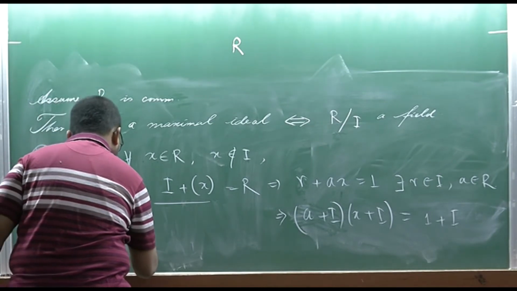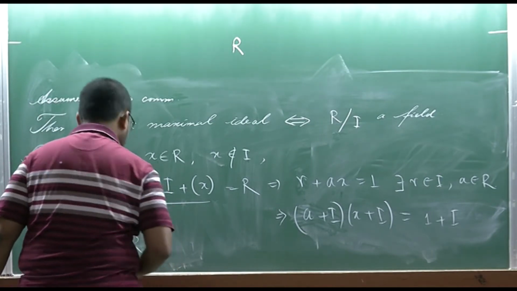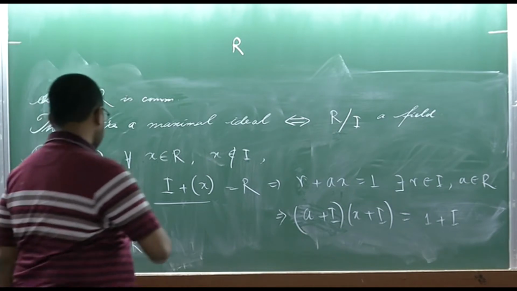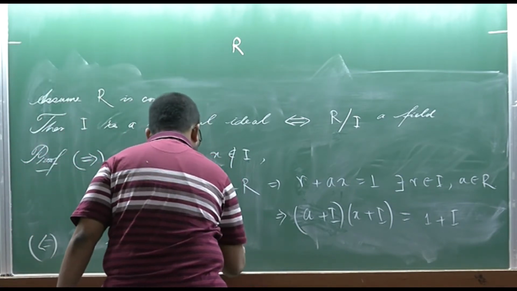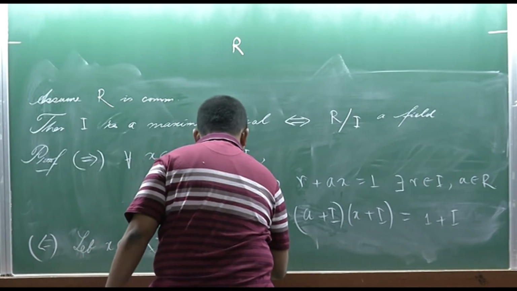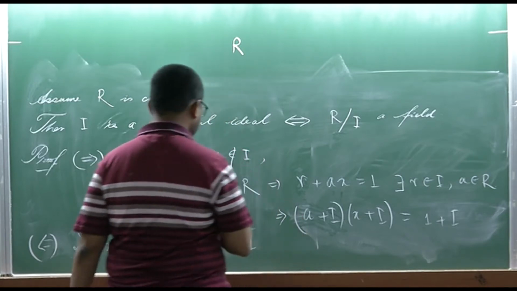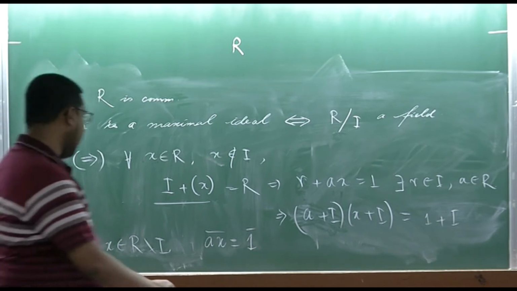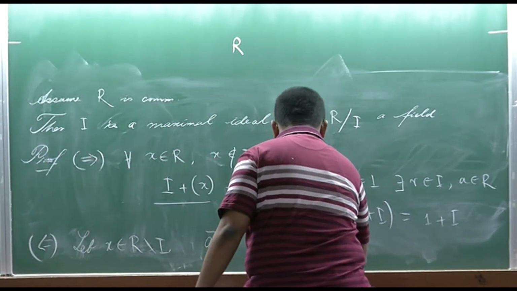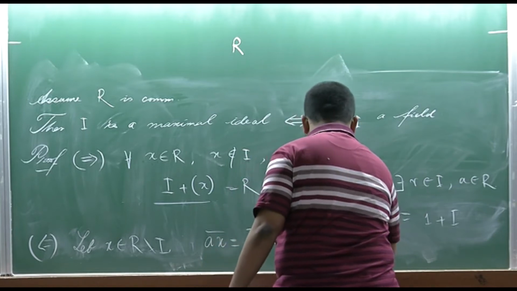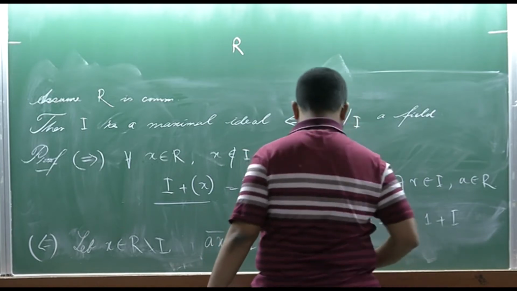Take any x not in I. Since this is a field, there exists r such that (r plus I)(x plus I) must be 1. And expanding this, what you immediately see is that rx minus 1 belongs to I.